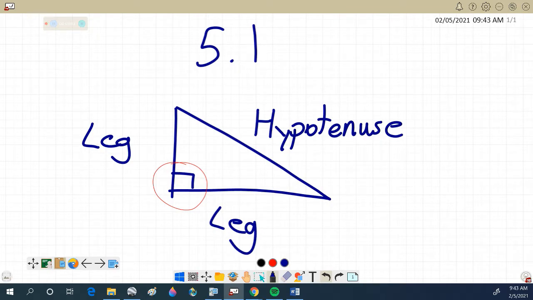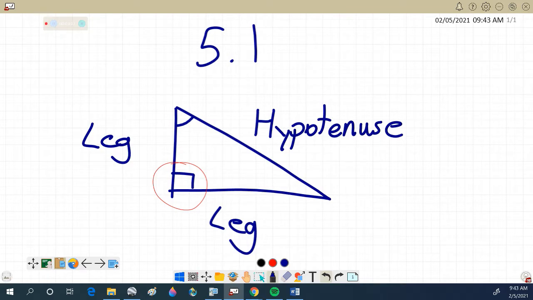We don't pick the right angle because it's always in the same spot. Let's pick this angle. It could be called anything: angle A or angle D or angle 7. But if we don't know what the angle's called, we just call it theta.